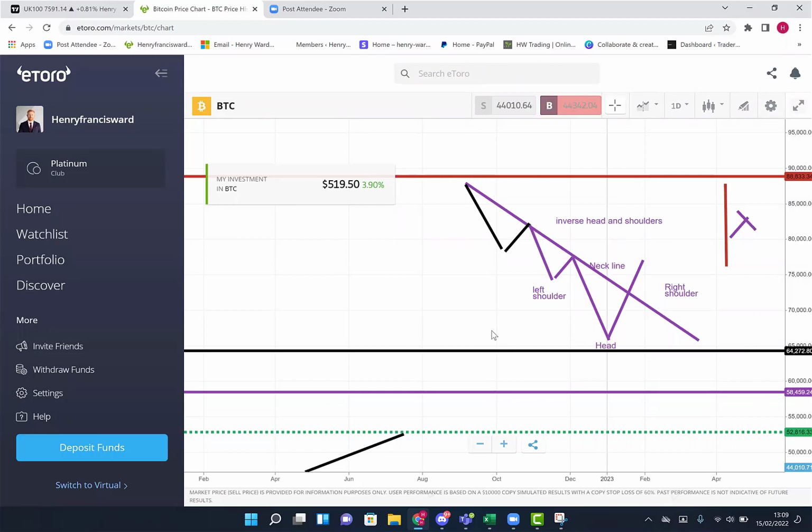Does anyone notice anything here? A break and retest? No, we haven't. There is something going on right at this point, and it's not a break and retest. Previous price breaks the previous ceiling.